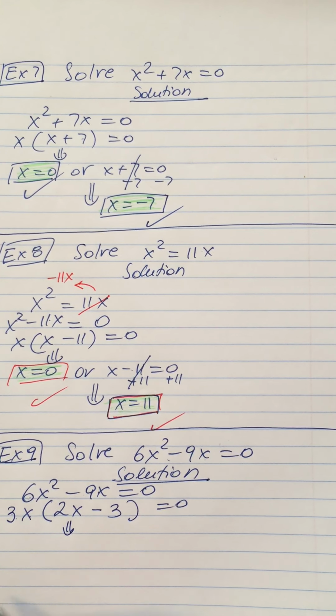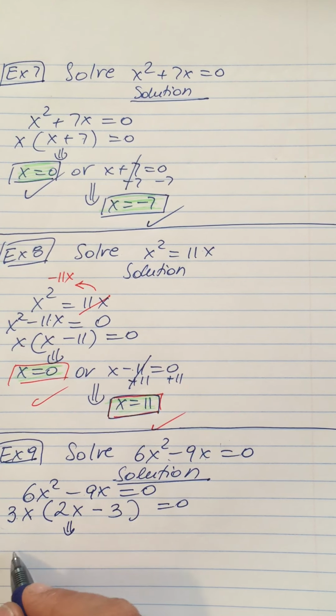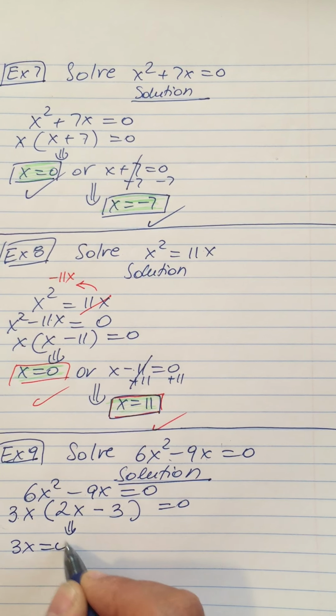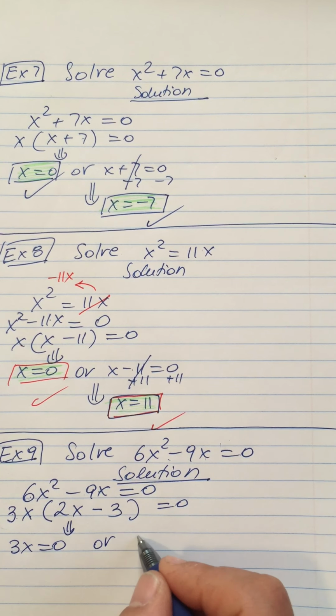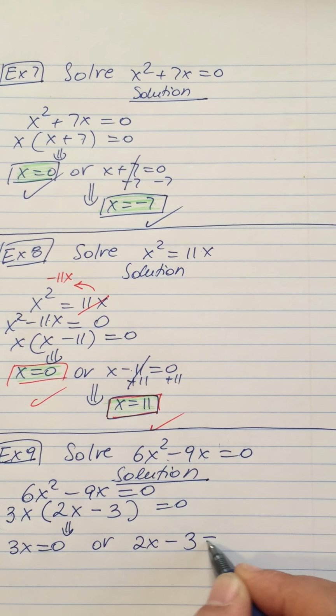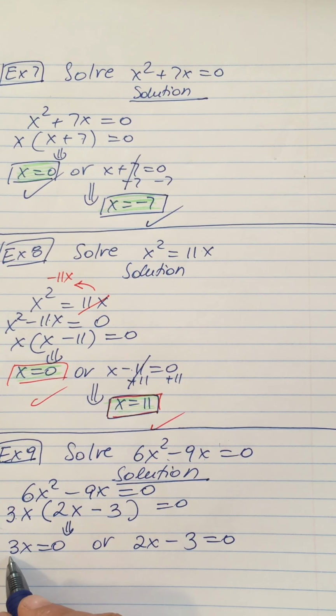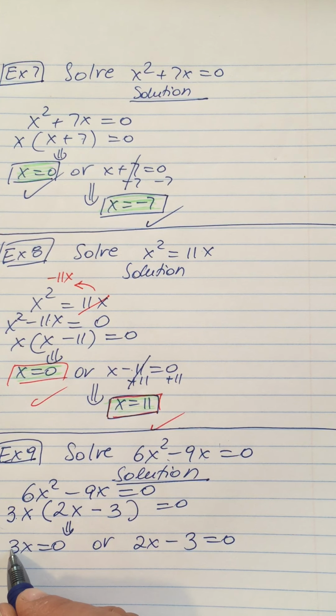Now what is the job? To leave each factor equal to 0. I have 3x equal to 0, or 2x minus 3 equal to 0. And now I know that x must be 0 in order to multiply with 3 and to give us 0, but doesn't matter. I'm dividing by 3 both sides.